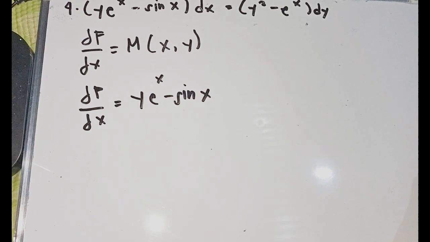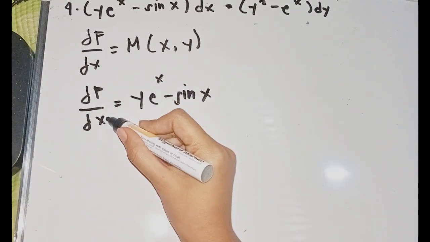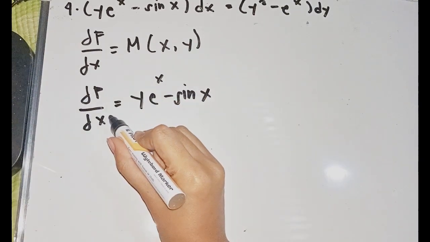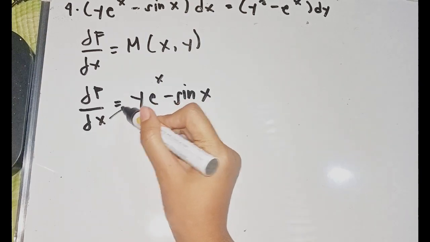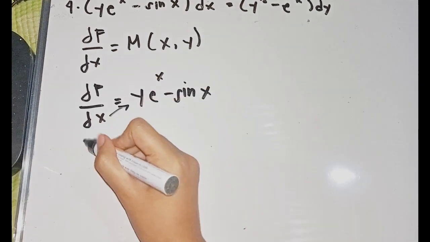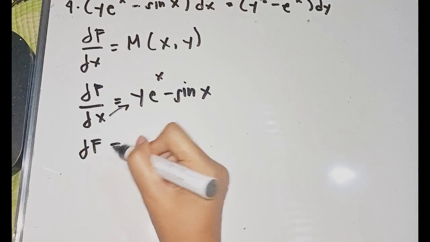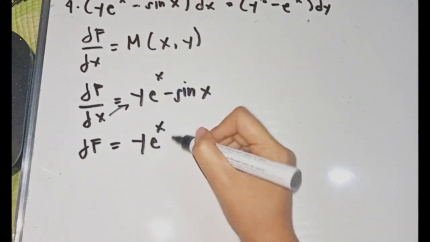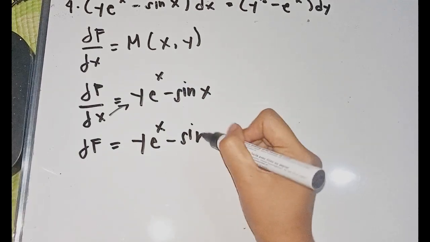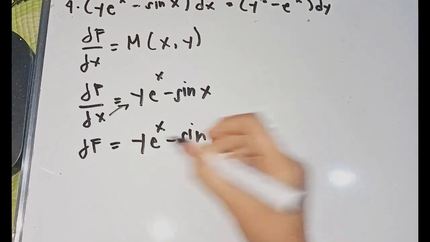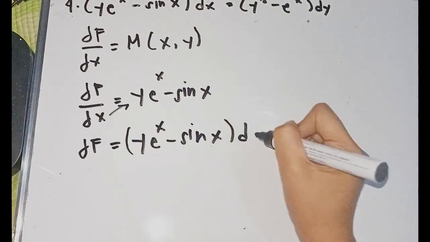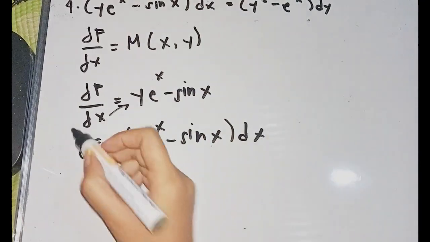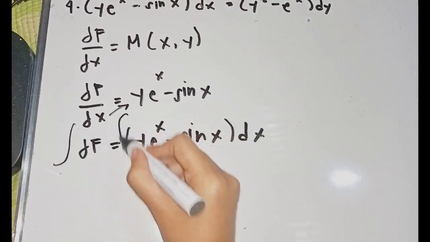As you can see, we will cross multiply our dx here. So the partial derivative of f is equal now to y(e^x - sin x) dx.